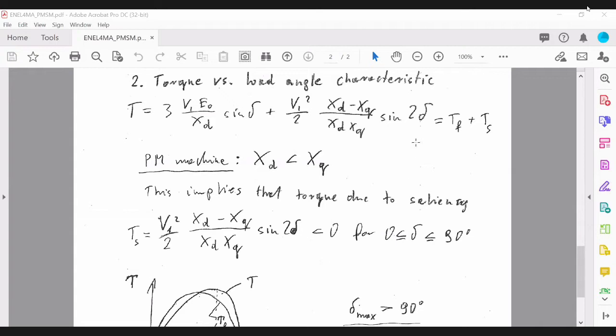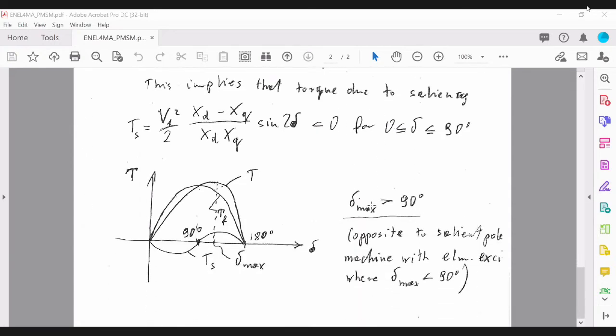For this component being negative in the equation, what it's doing, if you look at this figure here, initially, if you remember, if you have the salient component in the negative axis, it means that we flipped this salient pole effect of the machine by 90 degrees.